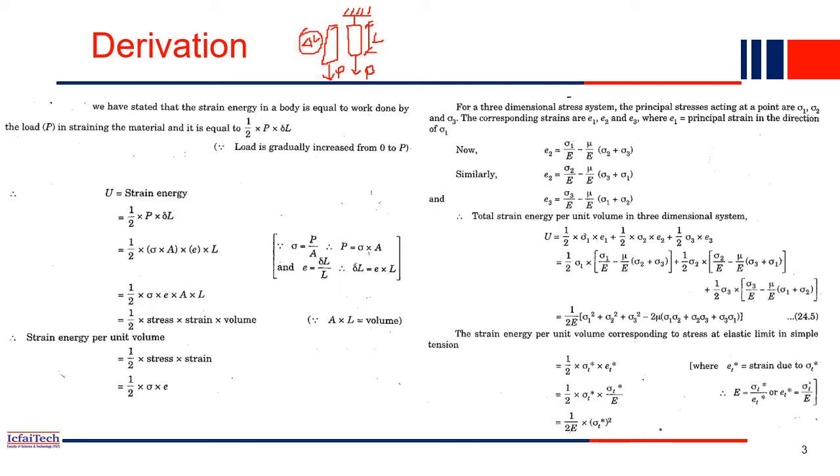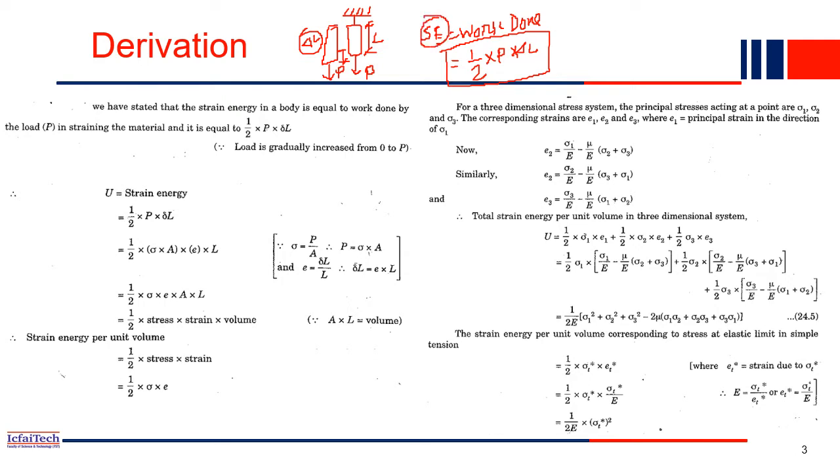As per strain energy, strain energy is basically the work done by the load. So we'll write it down: work done by the load. How much work is done by this load? This will be half into load P into how much elongation takes place, that is delta L. That is the work done by the load, and we call it strain energy, SE.